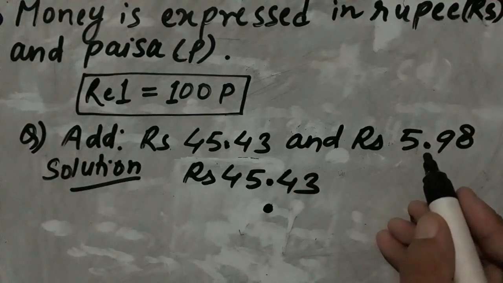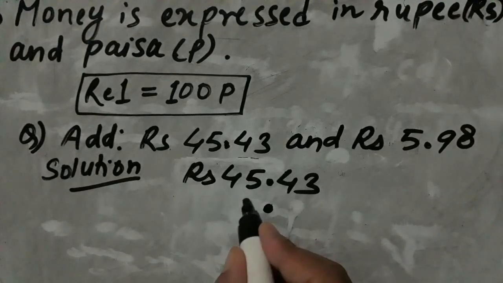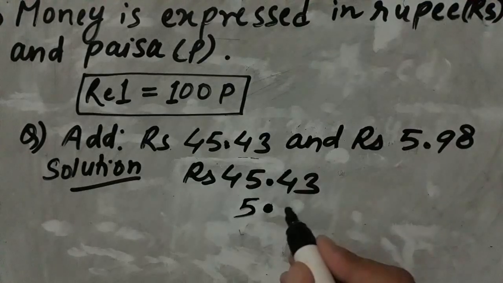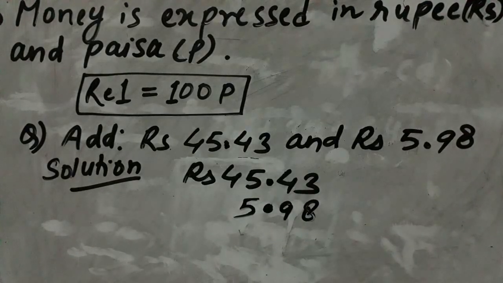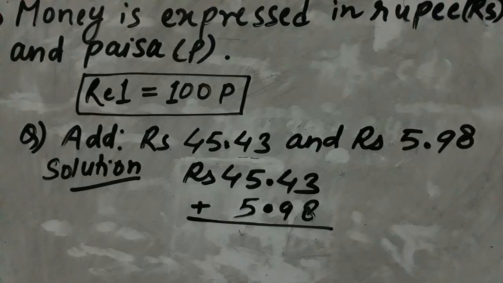So now students, we can see before decimal there is 5, so let's write 5, and after decimal there is 98. Now let's add these two amounts. So now students, addition of money is same as addition of whole number.